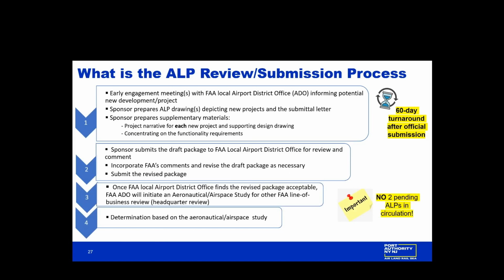Once we prepare the airport layout plan drawing and the supplemental material, it doesn't matter if it's a tenant project or a Port Authority project, either a rehab or a redevelopment project, we send it to the FAA regional ADO for review. We send an initial submission for them to review.